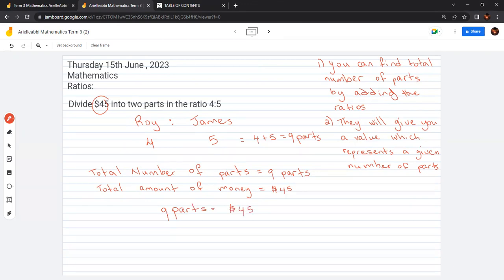What we have to do next is find out for one part. Remember, your goal is to find for one part.